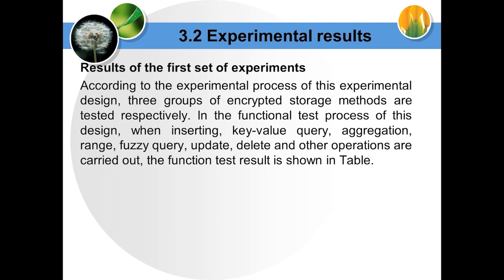Experimental results. Results of the first set of experiments, according to the experimental process of this experimental design. 3 groups of encrypted storage methods are tested respectively. In the functional test process of this design, when inserting, key value query, aggregation, range, fuzzy query, update, delete and other operations are carried out, the function test result is shown in the table.